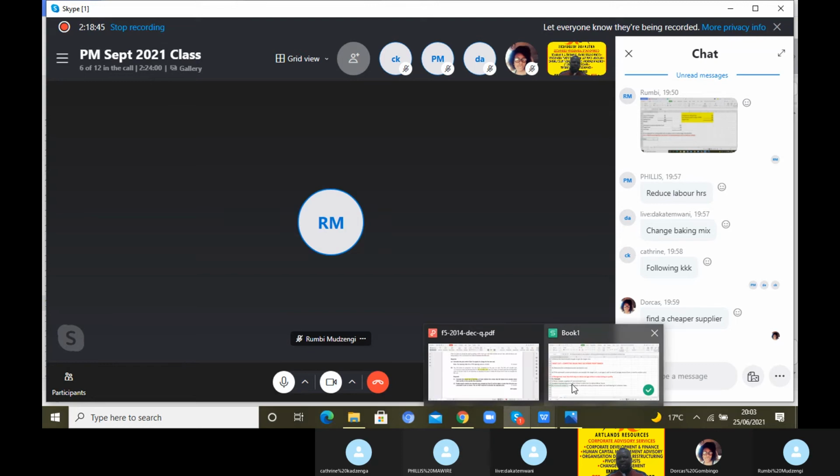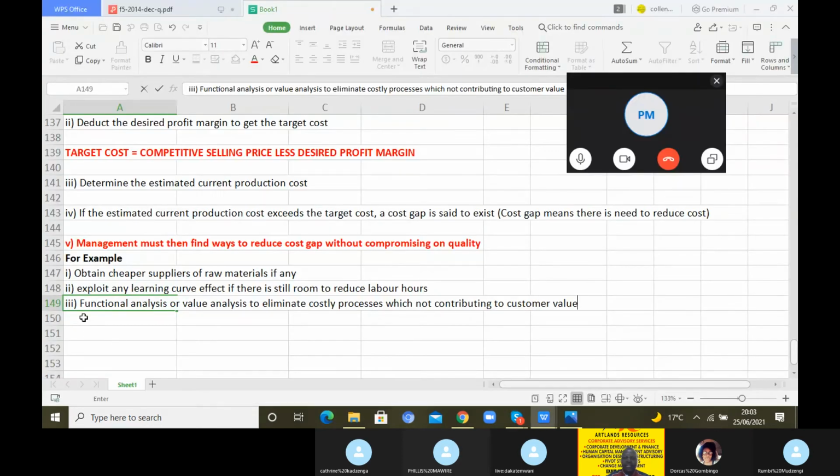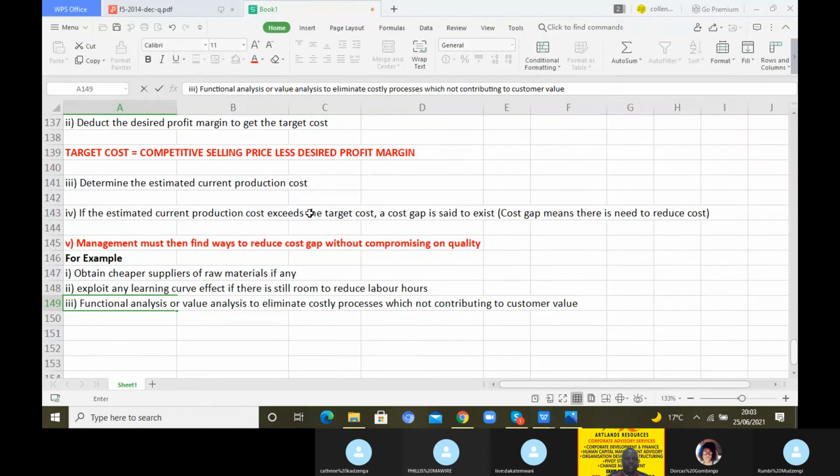So you get that? In so doing, we save costs. Another is you can undertake what can be called process redesign, or you can benchmark.